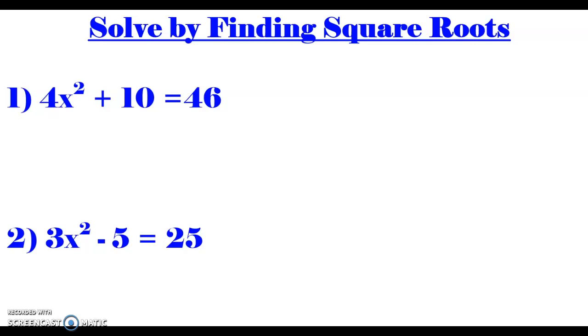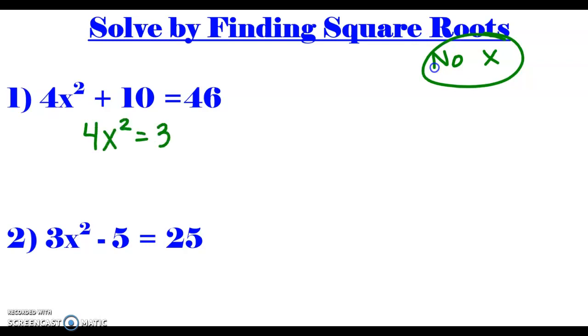But before we get into that, let's look at some of these. So here you can see these are special because they have no x. They have x squared, they have constants, but they have no x's, which puts you in a great situation because you can just walk through and solve it step by step. Like here I could subtract 10. I'm at 4x squared equals 36.